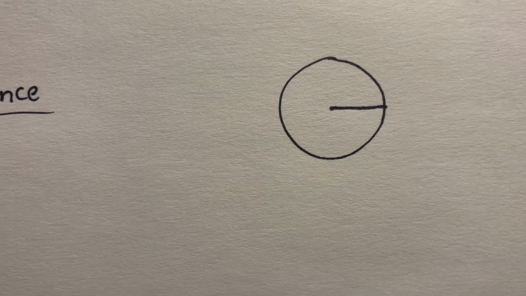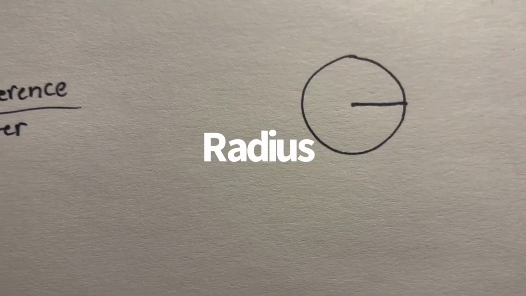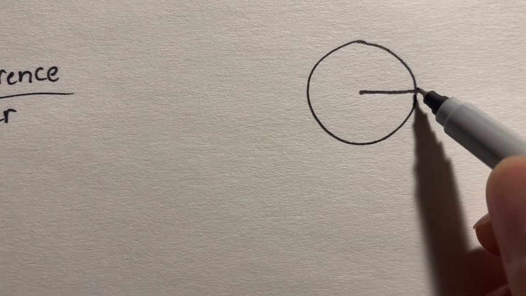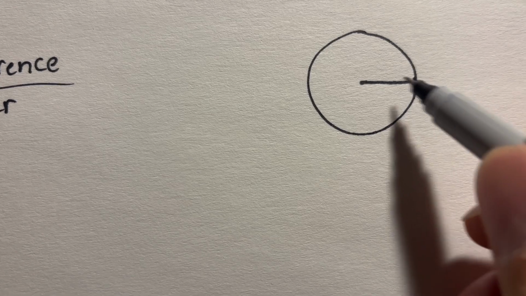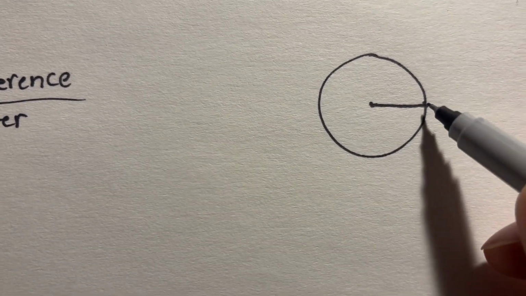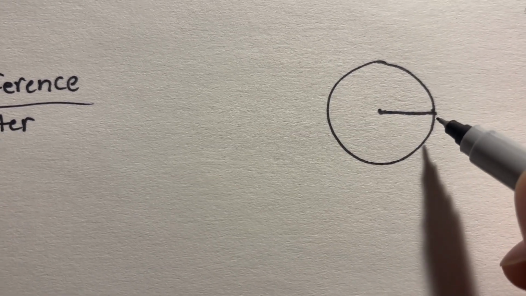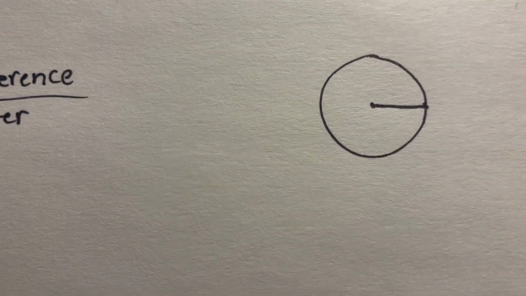To try to explain this, so this is the radius, from the perimeter to the center, and you're trying to figure out the length of the circumference. And this is how they figured out what pi is.